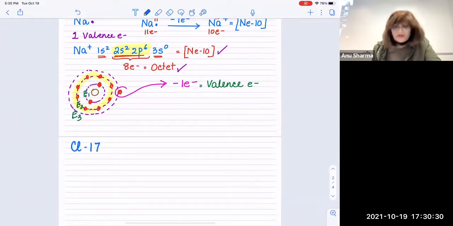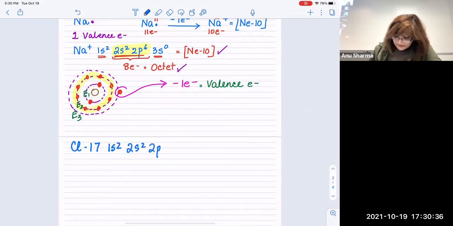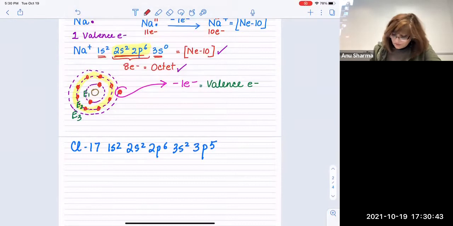Seventeen electrons. So 1s2, 2s2, 2p6, 3s2, and 3p5. So if you count these, 2 plus 2, 4, plus 6, 10, plus 2, 12, plus 5, 17. So 17 electrons get accounted for.